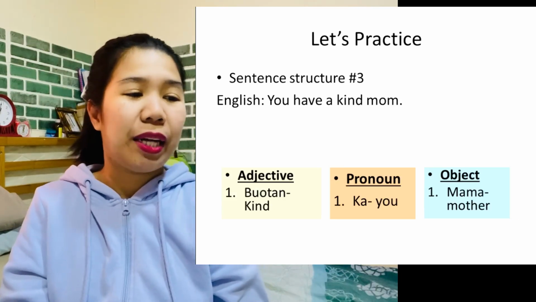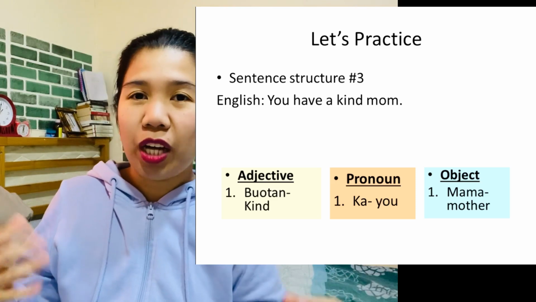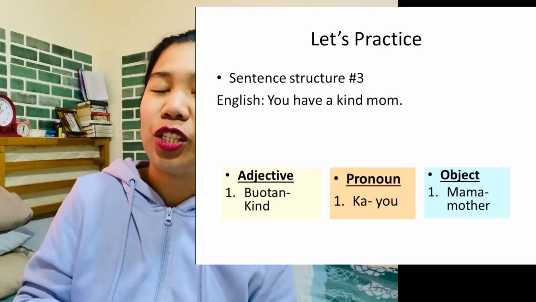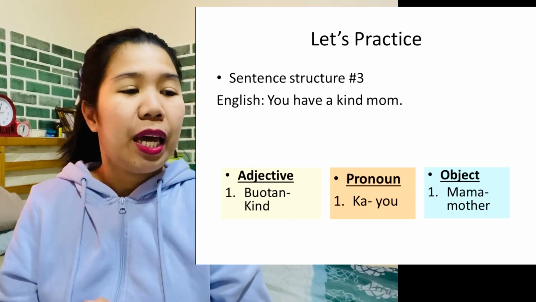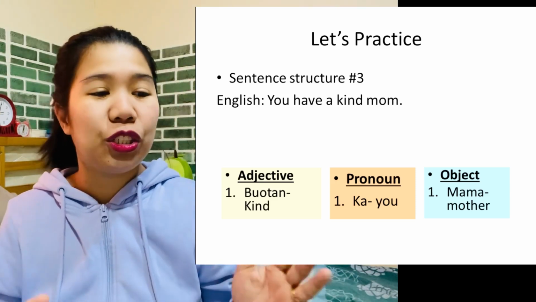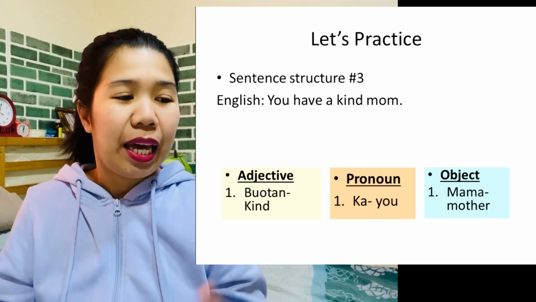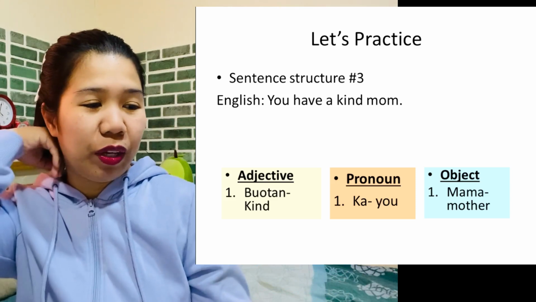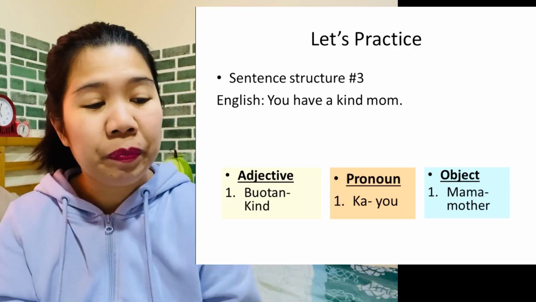So in this practice, you will be using sentence structure number 3. If you are not taking notes, you can go back to sentence structure number 3 before you come back here to the practice area. Then you're going to translate this English sentence: You have a kind mom. And then the clues are given. The adjective is buutan for kind.